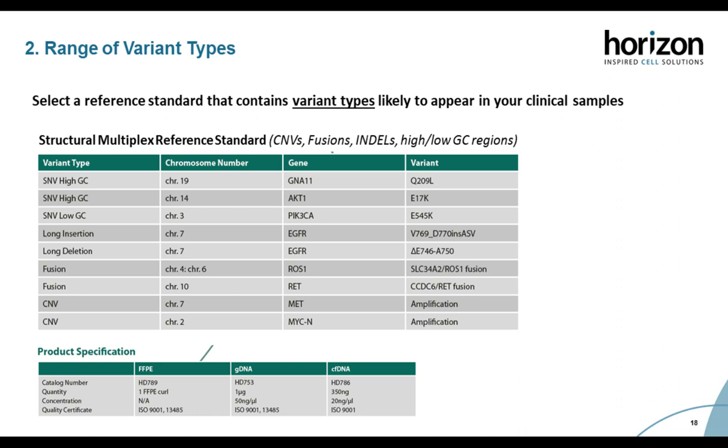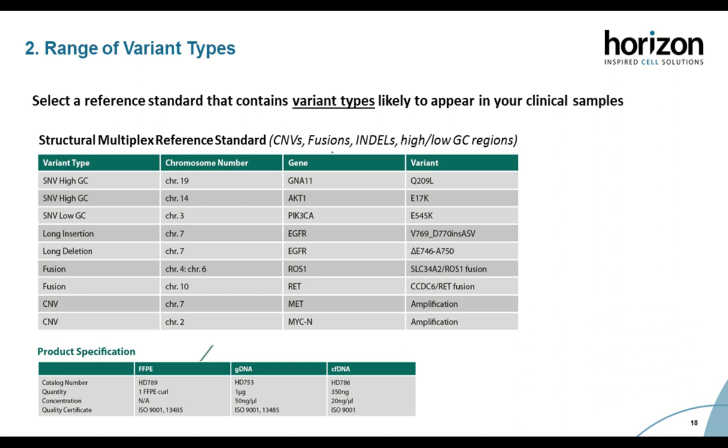To look at the second criteria, it's important to check the range of variant types in the reference standard. And it's good to select a reference standard that contains variant types that are likely to appear in your clinical samples. Our structural multiplex reference standard contains a range of different mutation types.